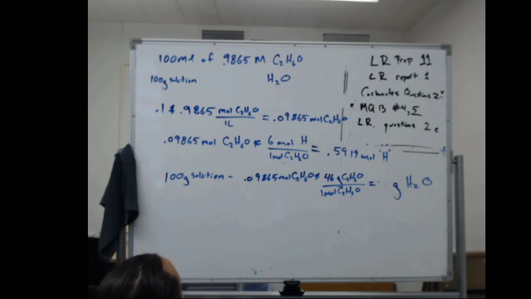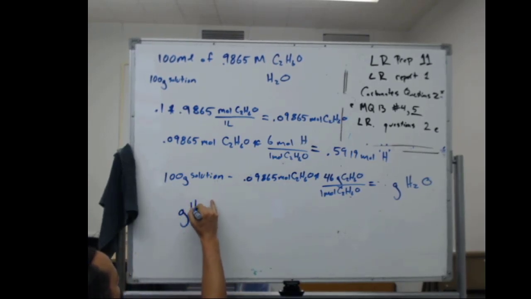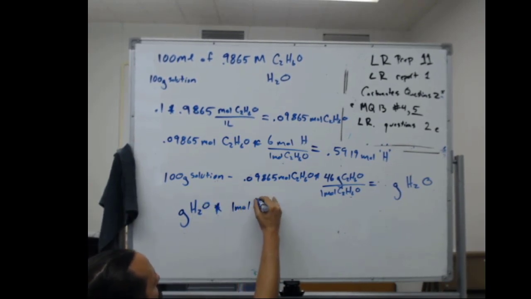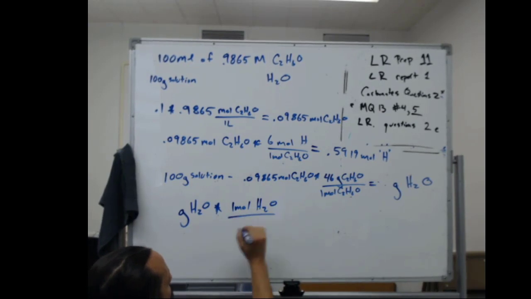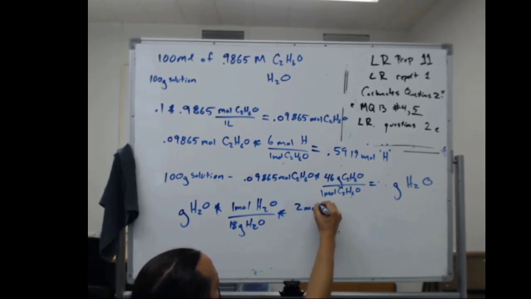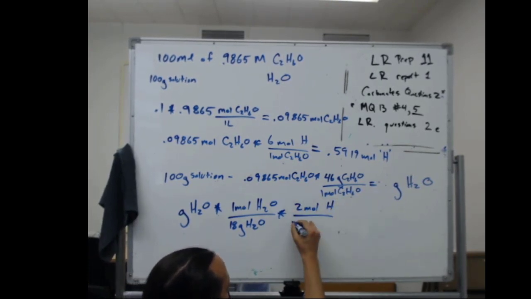So you should end up with an equation like this: grams H2O times 1 mole H2O has 18 grams H2O, times 2 moles hydrogen for every 1 mole H2O.